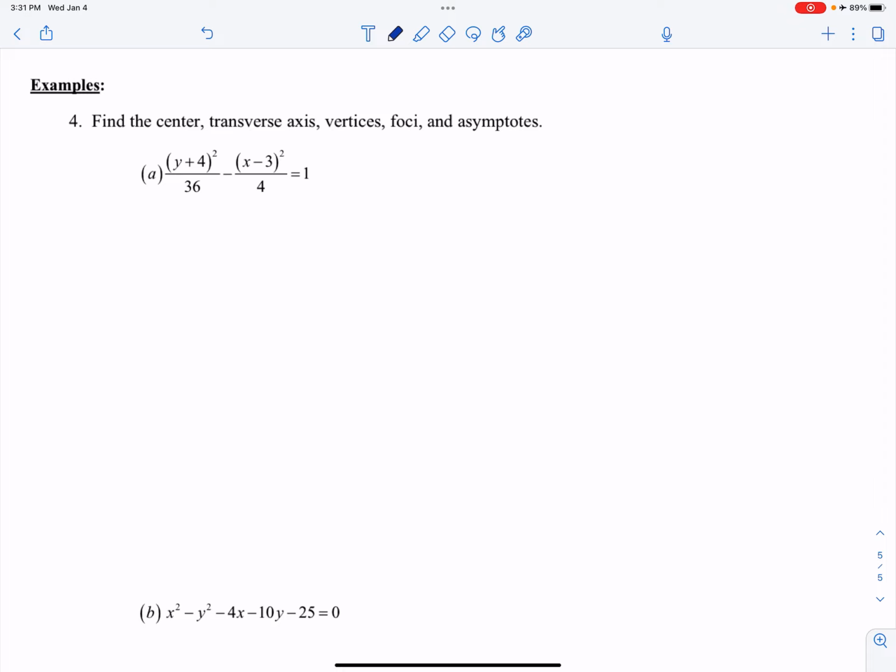Some of the important things we can pull out are that k is negative 4, h is 3, a is 6, b is 2, and since a squared plus b squared equals c squared equals 40, c is root 40, which reduces to 2 root 10.